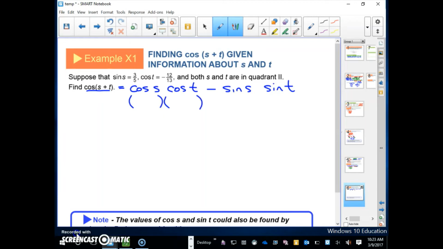What you should notice at that point is that we've got 4 holes to fill in, 4 unknowns, basically. Wait a minute, no, they gave us 2 of them. They told me that sine s was 3/5, so we should be able to fill that in. And they told me that cosine t was negative 12/13, so we should be able to fill that in. Of the 4 unknowns, they gave me 2, and I'm going to have to figure out the other 2.